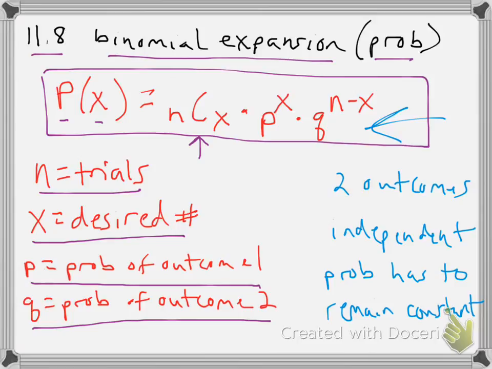Now, there are some key things that have to happen in order for this to work. You can only have 2 possible outcomes. So things such as win or lose, right or wrong, boy or girl, heads or tails, success or failure, those types of events. Now, that doesn't mean that the probability has to be 50-50. If it's a boy-girl example, yeah, that's true.